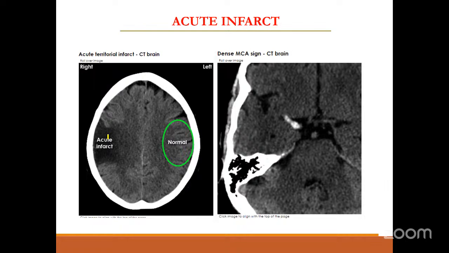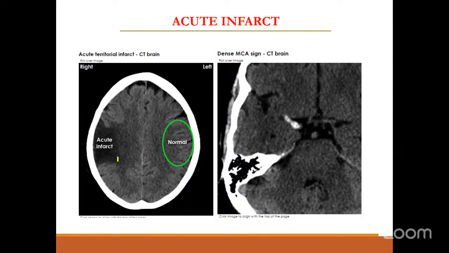When neuronal cells get damaged because of lack of blood supply, they produce cellular or cytotoxic edema, which appears black in color. That's why we see a hypodense area. Compared to the opposite side, you can also see black spaces in between, which are the CSF spaces or the sulcal spaces.